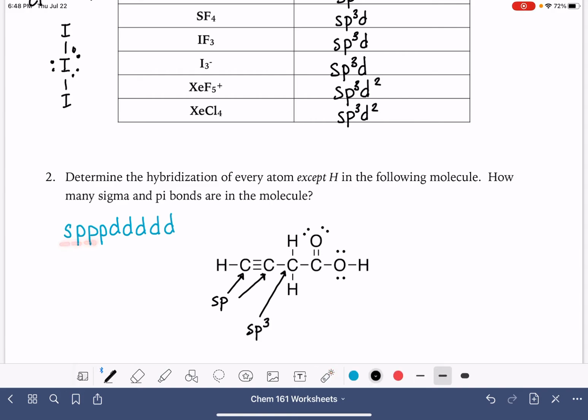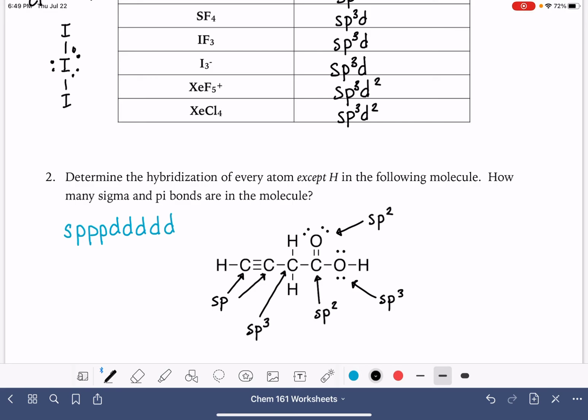That's sp2. And let's keep going in that same direction. Now we have this oxygen atom, which has 1, 2, 3, 4 areas, 1, 2, 3, 4 orbitals. That is sp3, and we have one more to go, this last oxygen atom up here. This has 1, 2, 3 areas, 1, 2, 3 orbitals, so it is sp2.